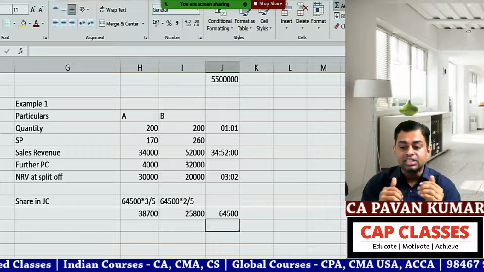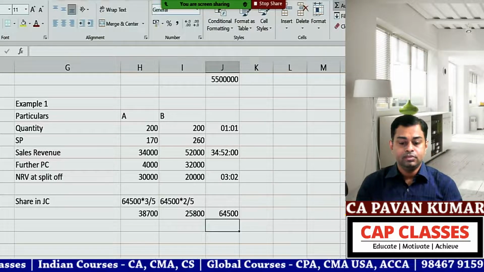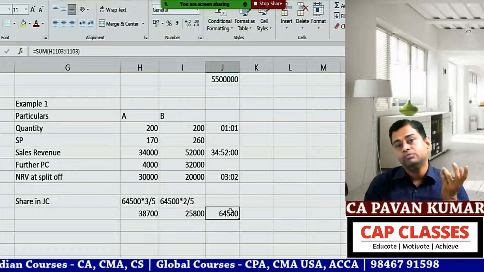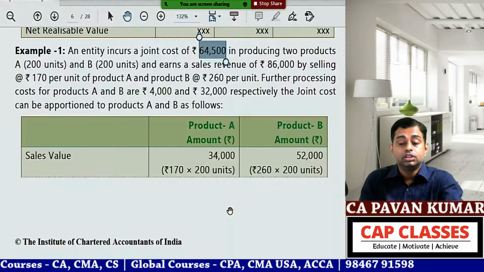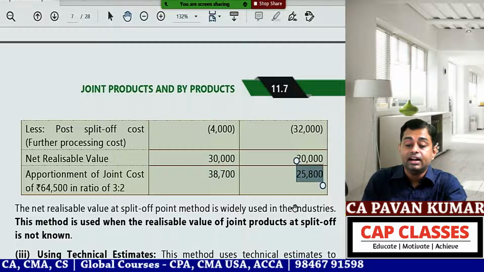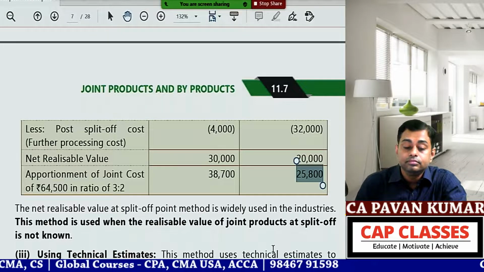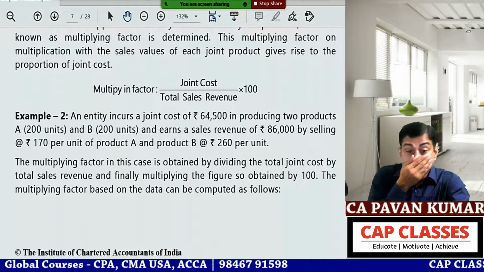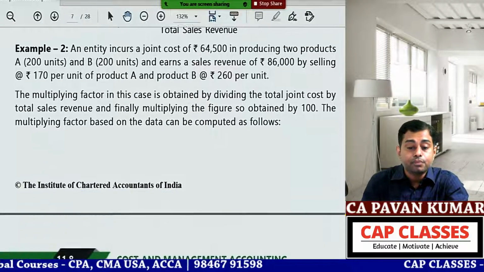When you have apportioned, always add again, then you will understand whether your answer is right or wrong. So 64,500 came, so our answer is correct. We'll go to the next one.